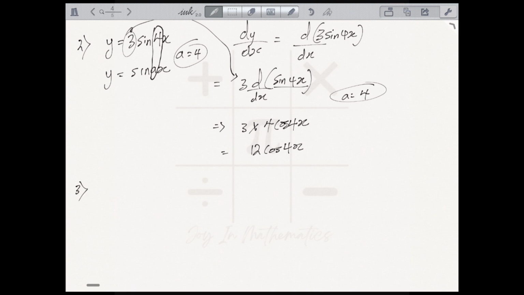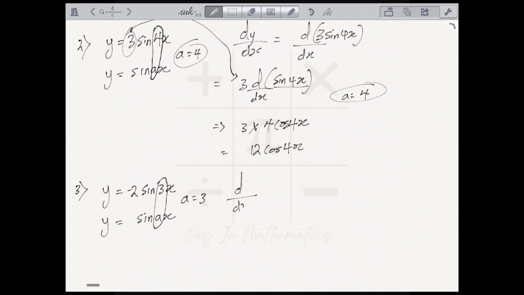Let's take another example, number 2 again. If y = 2 minus 2 sin 3x. Now let's compare it to sin ax. We can see that our a is equal to 3.